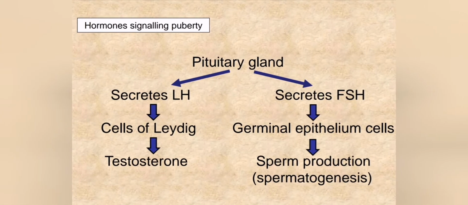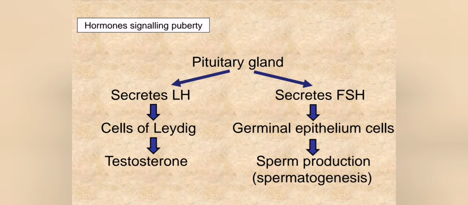What happens at the beginning of puberty is that the pituitary gland secretes 2 main hormones. Now remember, we've learned about the pituitary gland that's found in the brain. It can also be called the master gland, and it makes a lot of different hormones. But the 2 hormones that are very important for the onset of puberty are LH and FSH.